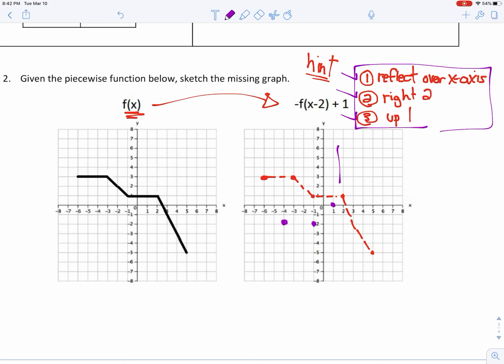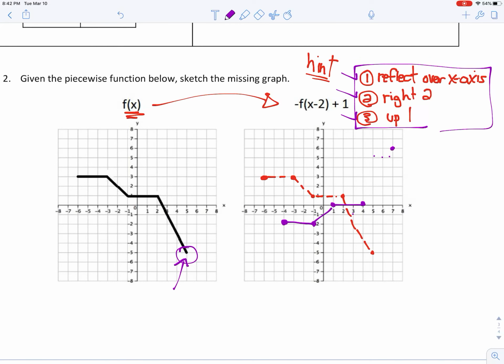I'm on to this point here, this flat edge. Reflect over x, right 2, up 1. Takes me there. And now this last point. These are your anchor points, or your important points, the ones that will help you frame it. I'm reflecting over x. That puts me way up here. Right 2 and up 1.